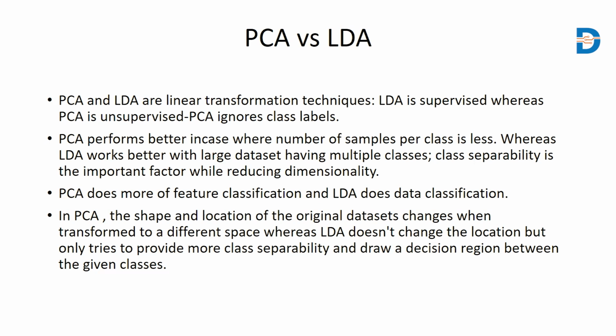But LDA does not change the location; it only tries to provide more class separability, separating the classes with maximum distance and drawing a decision region between the given classes. This is the main difference between PCA and LDA.